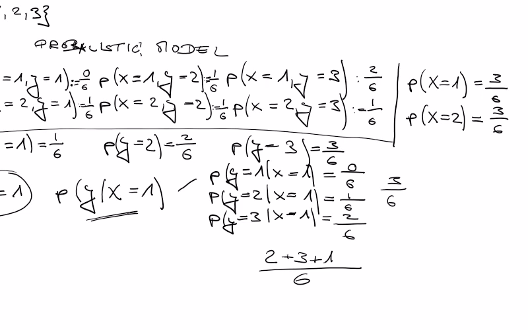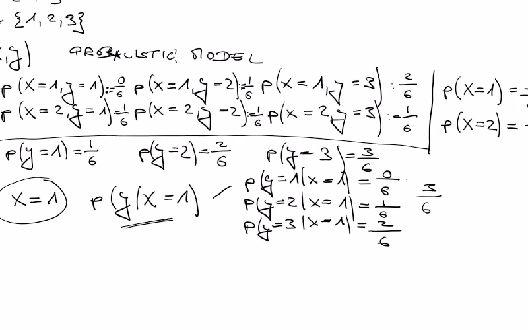And then if you add 2/6 and 3/6 and 1/6, you get 1. Exactly the same logic is used to render these joint probabilities a conditional distribution. One divides each of these by the sum of them.